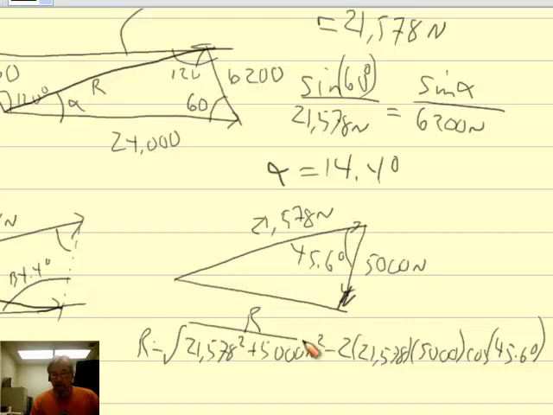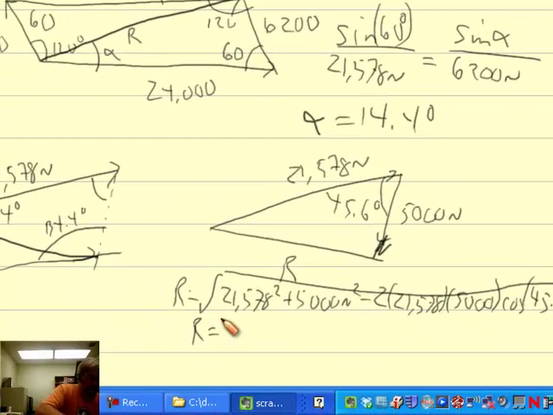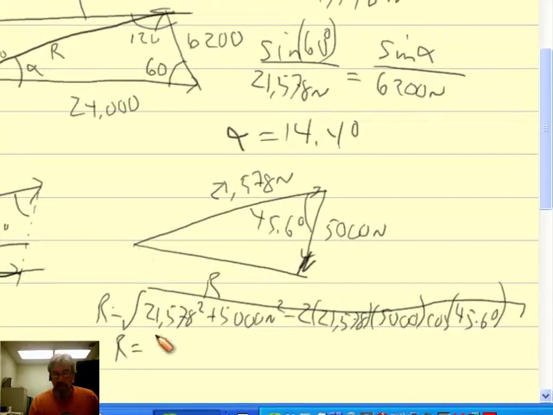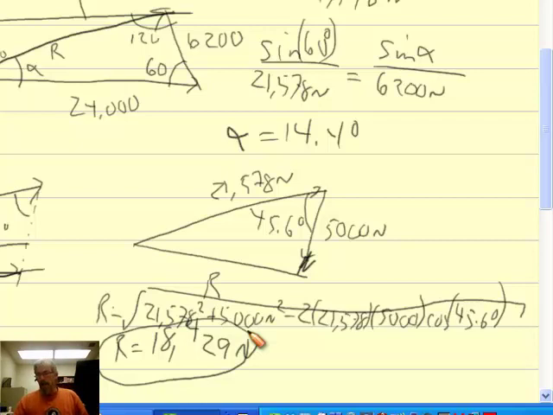Square root of all of that is going to be the magnitude of my final resultant. So I'll do my arithmetic and find out what that is. Not surprisingly, because we've done this before, 18,429 newtons is the magnitude.